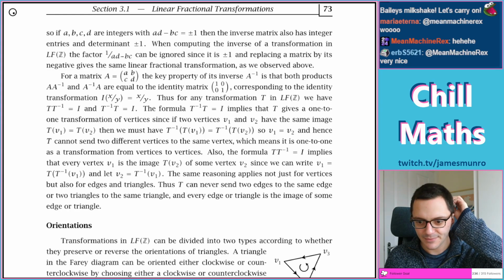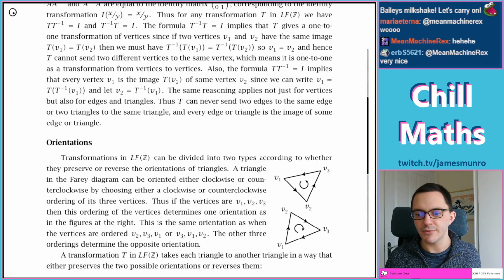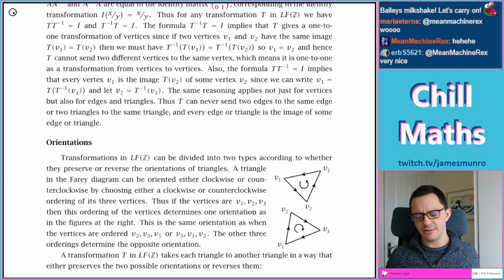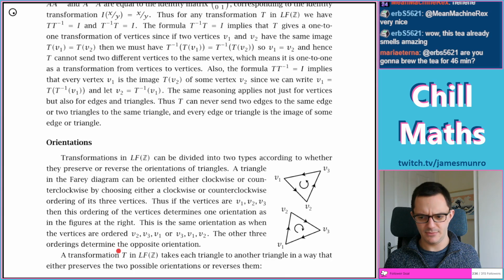Good, okay. Right, orientations. Transformations either preserve the orientation or they don't. That is going to be hard to work out which one's which. Let's read it. A triangle in the fairy diagram can be oriented either clockwise or counterclockwise if you count 1, 2, 3 along the corners. Yeah. Now, let's think.